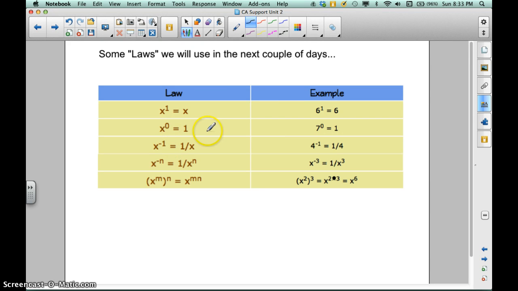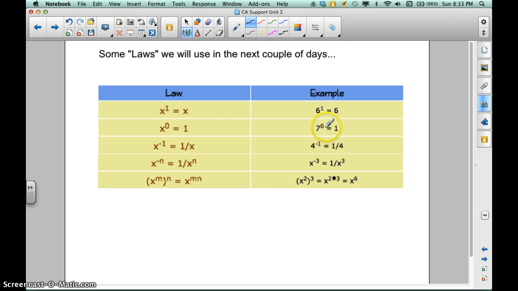The next thing that we all agree to be true is that x to the power of 0 is equal to 1. Remember that in algebra we use x to signify any number. So it doesn't matter what the number or letter in this case is. If it's to the power of 0, the whole thing is equal to 1.